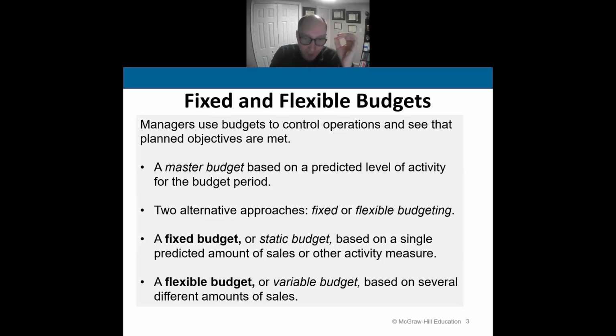Flexible budgets are nice because we have the ability to adjust based off of those levels of changes in sales. That's why most companies use a flexible budget, because it allows it to be more dynamic. A flexible budget can be called a variable budget, but most of the time it's called a dynamic budget. Flexible is dynamic.